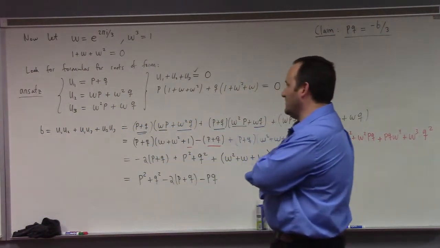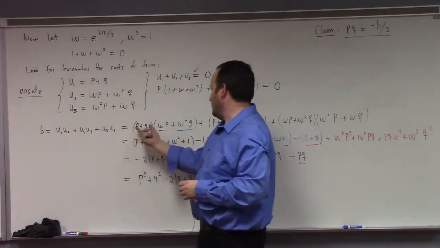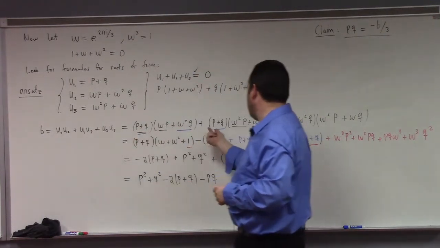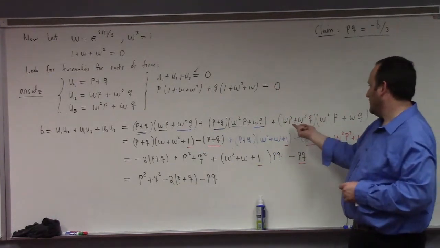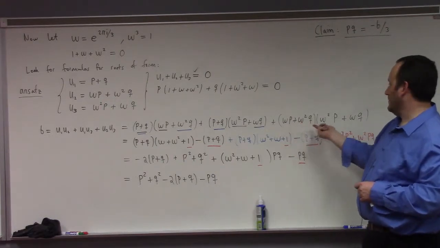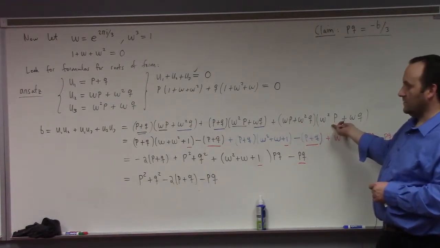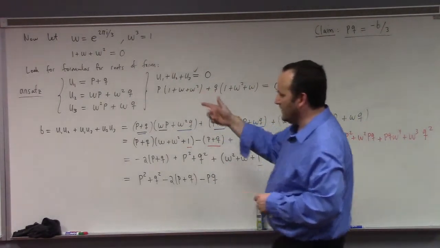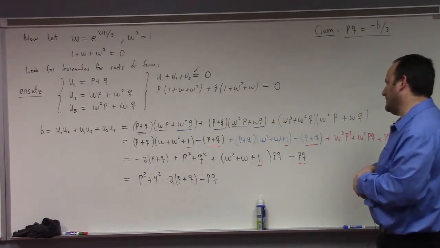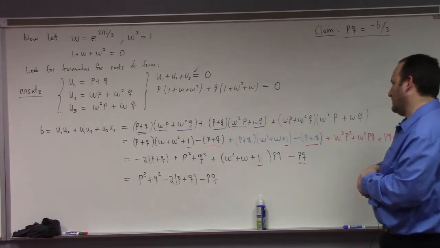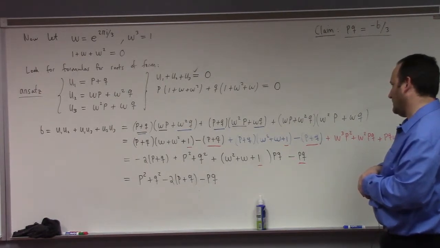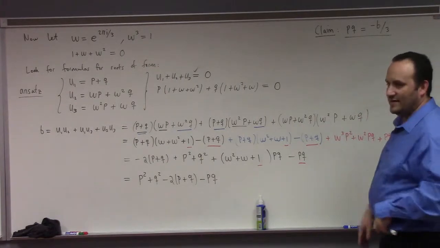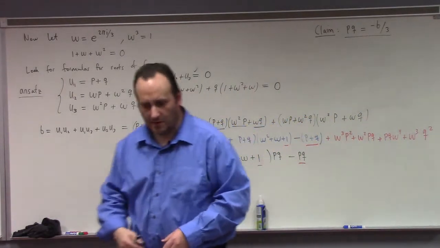Well, let's just go back to the start and check my starting point, right? U1, U2, is this U1, U2? Okay, yep. Is this U1, U3? Yep. Okay, is this U2, U3? Looks like it. Did I copy down? Well, no, those are right. But I agree, there must be a mistake here.